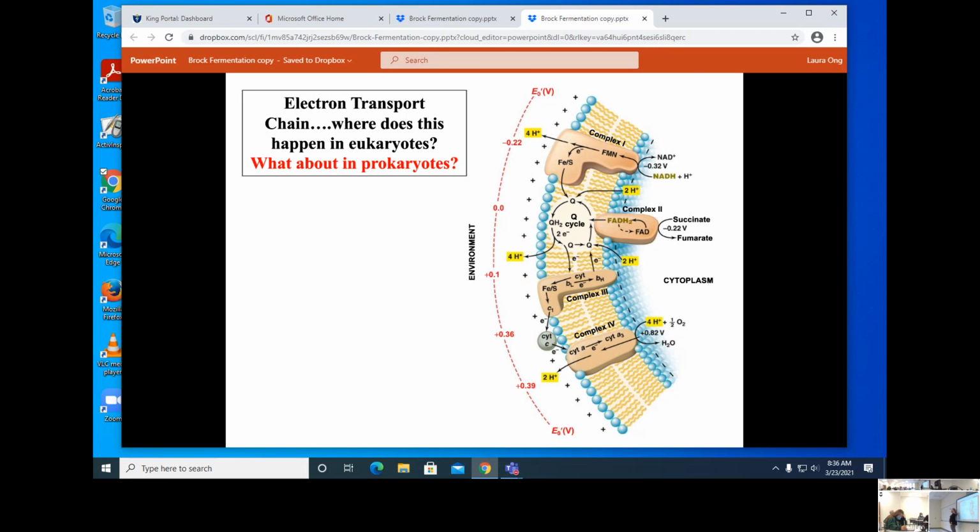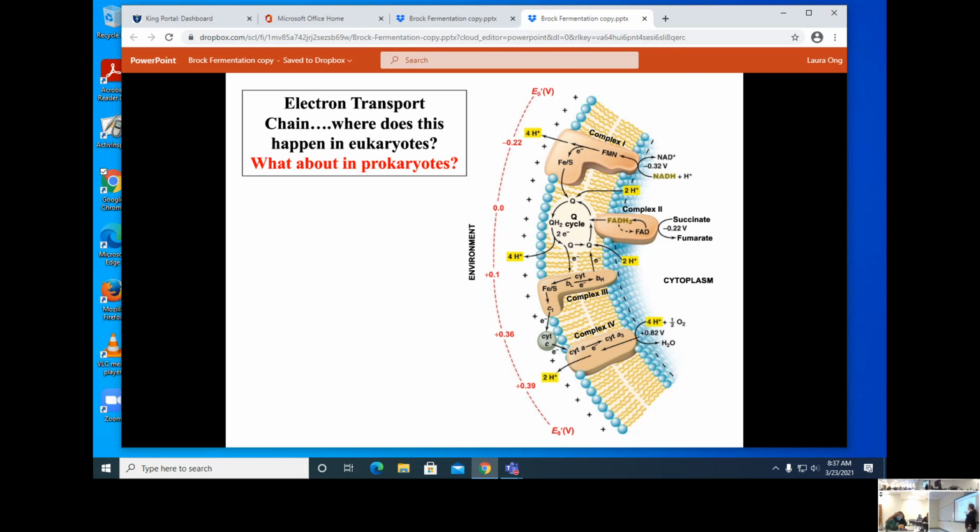So I'm going to push on that a little bit more. What could make the gradient disappear? Keep it in a basic solution. A basic solution. So in bacteria, if this is their environment and they're in a very basic solution that they're not optimized for, that could make this stop.